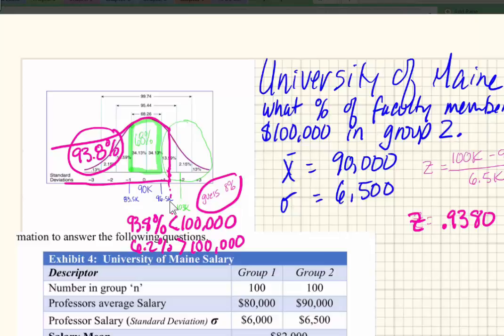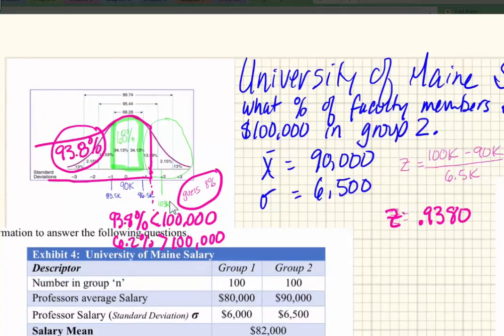However, one more thing I could do with this problem to help you is we could take this and multiply it by the number of people to know how many people actually, I mean, I think the question was actually how many faculty members. So in this case, we would take our 6.2 and multiply that times our 200. I'm sorry, it wouldn't be 200. We would take our 6.2 and multiply that by 100, right?